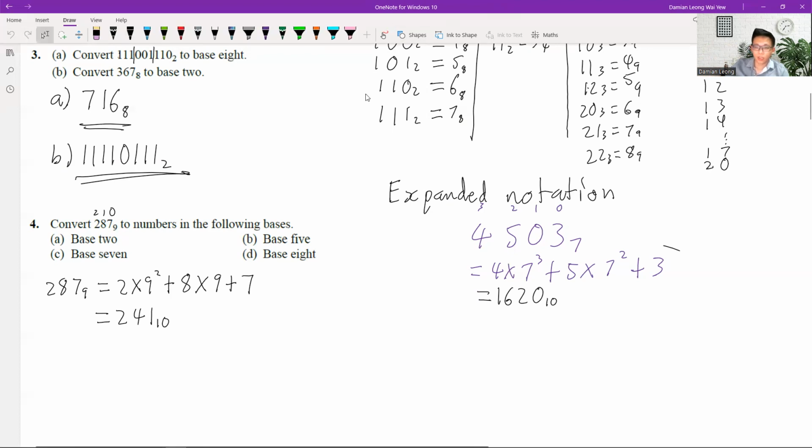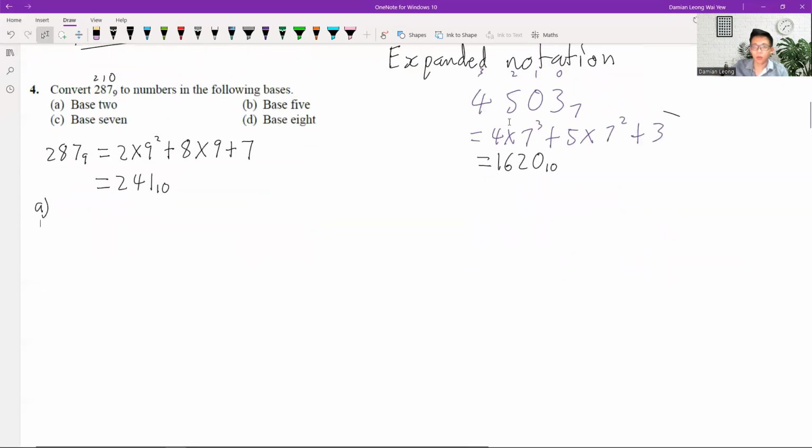So what we do is, 241 in base 10, I want to convert to base 2. So I start with 241 and divide by the base I want to convert to, which is 2.